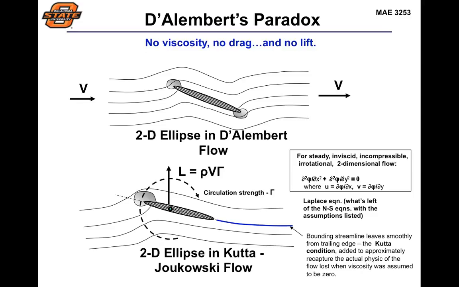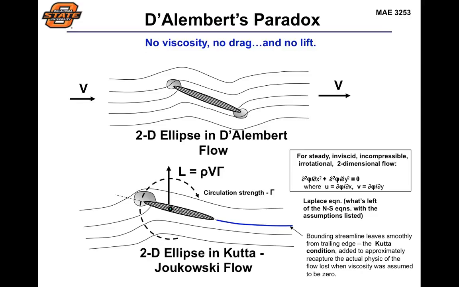You're providing this circulation of strength gamma and then forcing your streamlines to essentially attach such that you have a bounding streamline leaving the trailing edge. Now this condition, even though it's still inviscid, provides you with that realistic solution that you would see in a viscous flow.